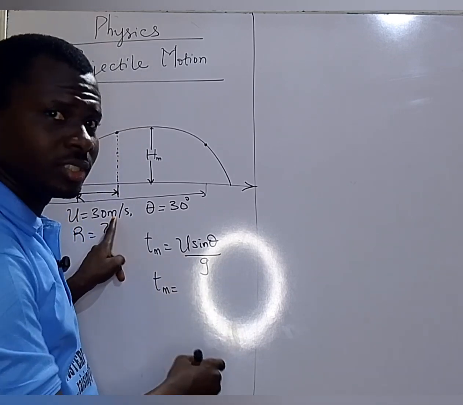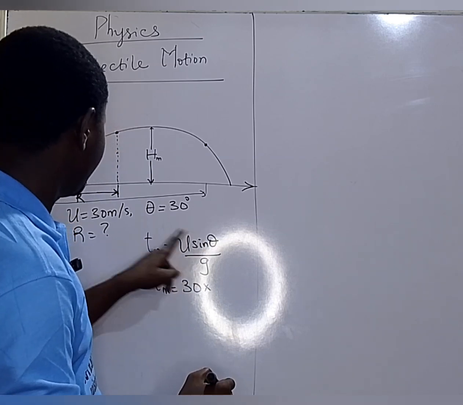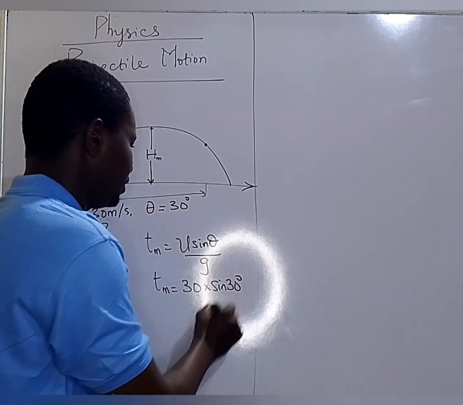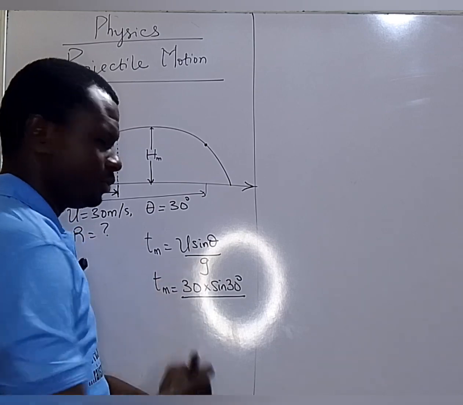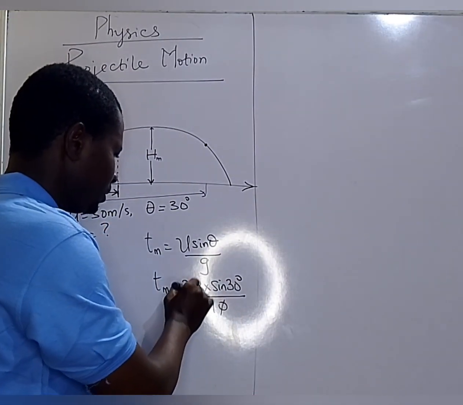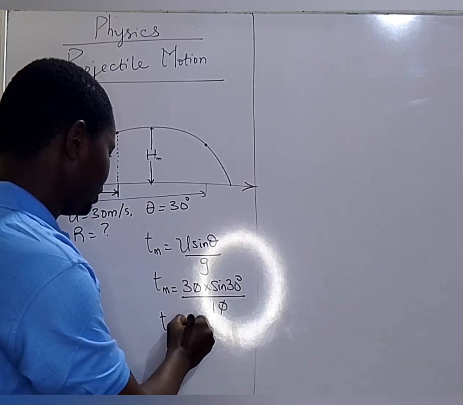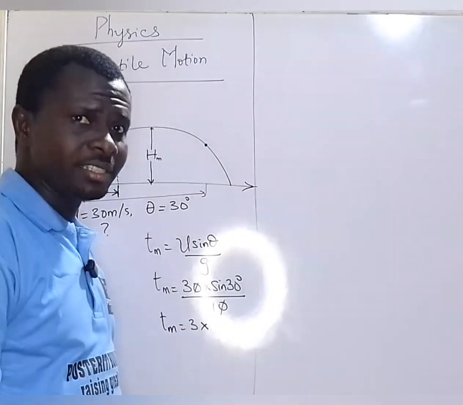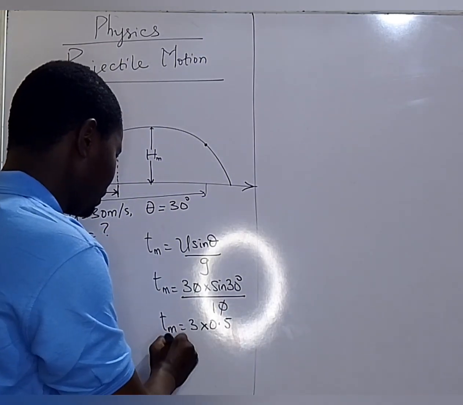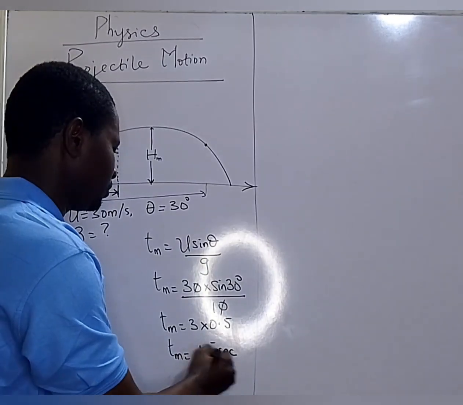Our U is 30, times sine 30 degrees, divided by G. Let's use 10. So 10 into 30 gives us 3. T max will be 3 times sine 30, which is 0.5 on the calculator. When you multiply this, 3 times 0.5 is 1.5 seconds.